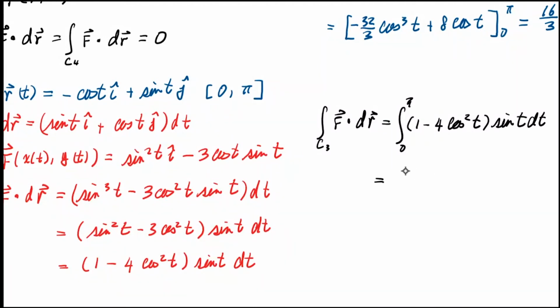This becomes, with u equal to cosine t, because of the negative sign on du, minus cosine t plus 4/3 cosine cubed t.